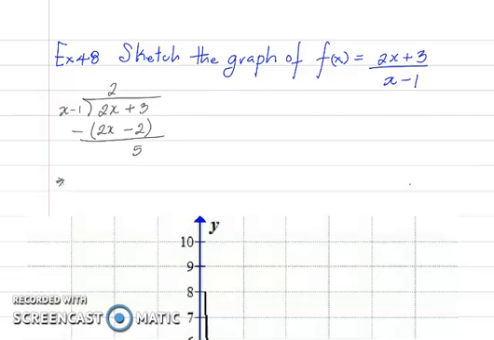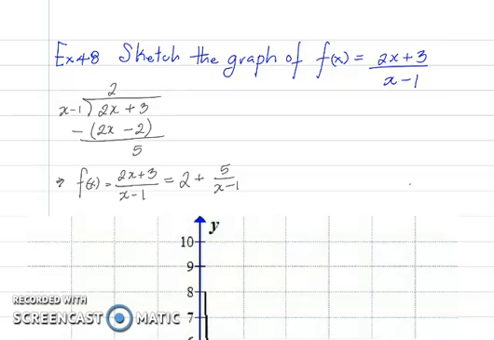So this would mean that f of x, which is 2x plus 3 over x minus 1, is the same as saying 2 plus 5 over x minus 1.